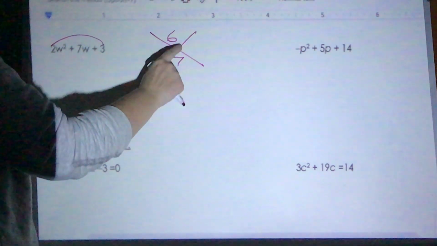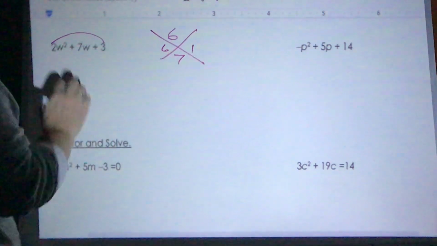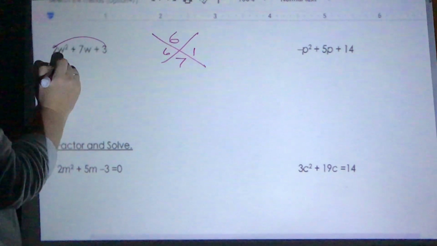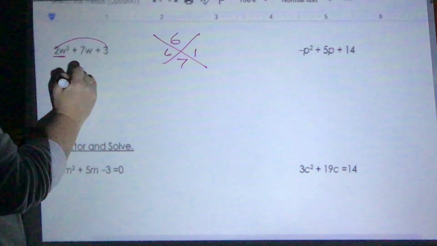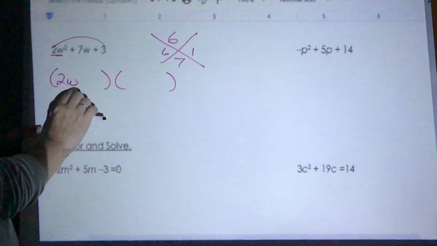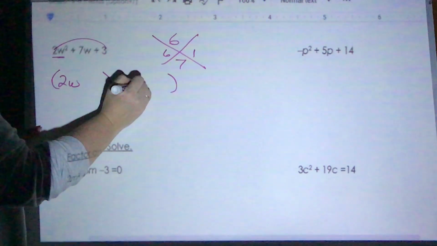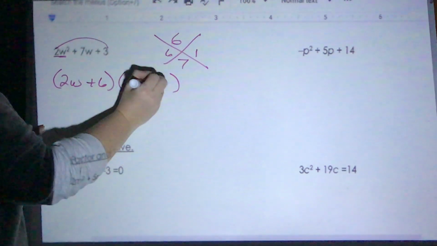And I'm going to say, what two numbers multiply to give me 6, add to give me 7. That would be 6 and 1. I'm going to use this 2w in both parentheses. So I'm going to go right to my answer. I'm going to write 2w in both places. And then I'm going to write plus 6 and plus 1.